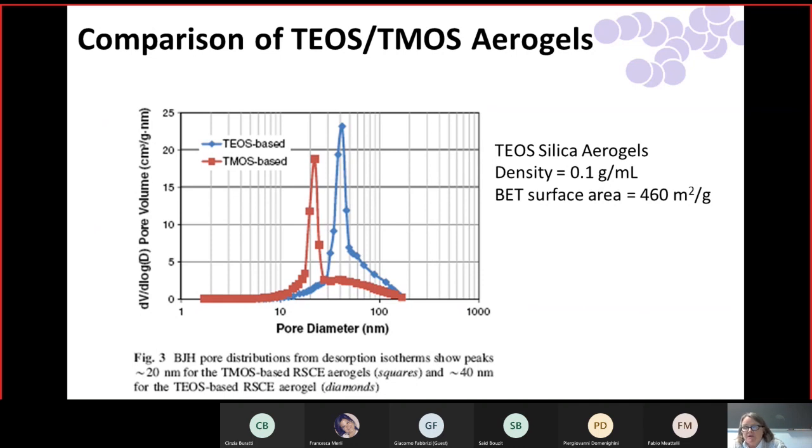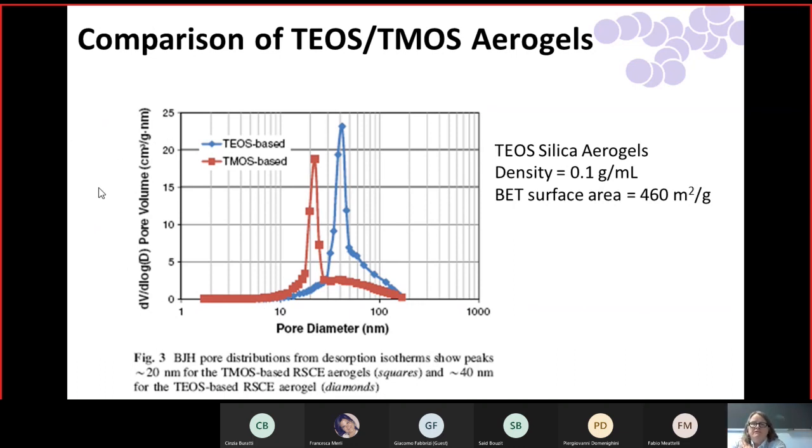But this is an example of a study, some work a chemistry student worked on trying to optimize TEOS aerogels. And so we can look at, again, pore volume, and sometimes there are different units in how they're plotted, but basically pore volume versus diameter.